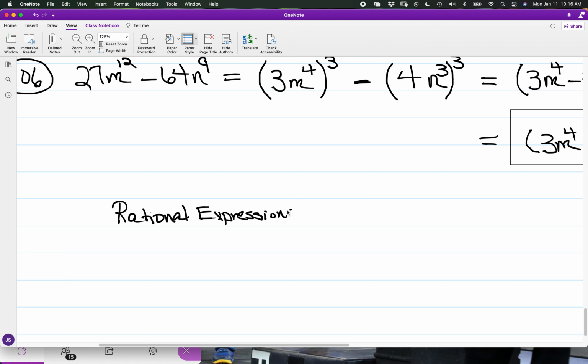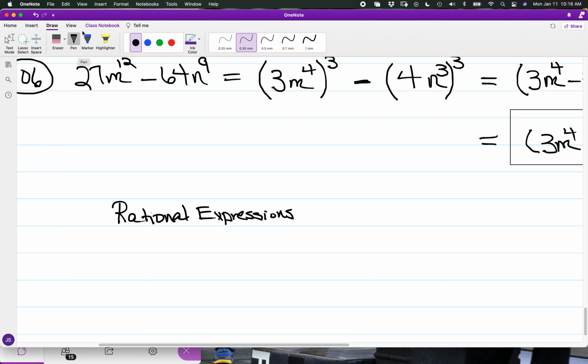And some of the commonalities would be stuff like least common multiple and greatest common factor.